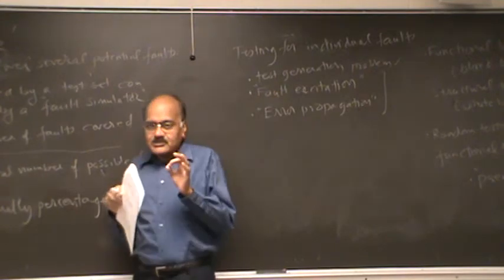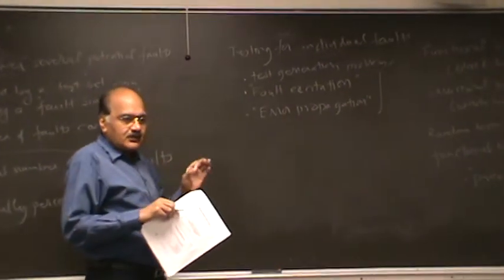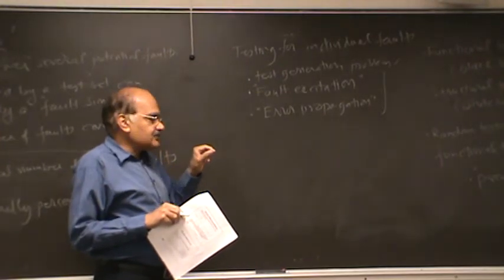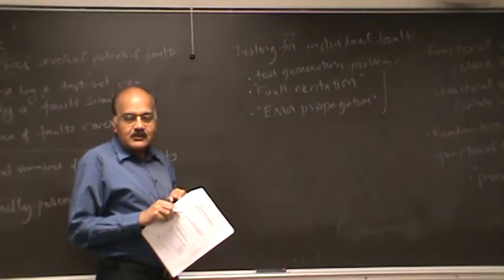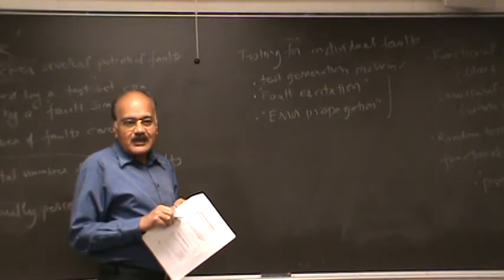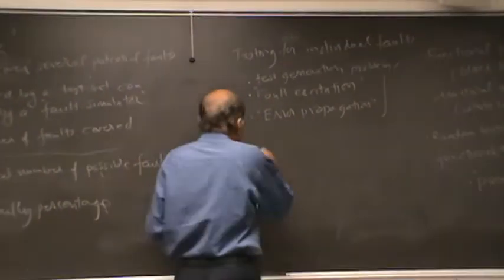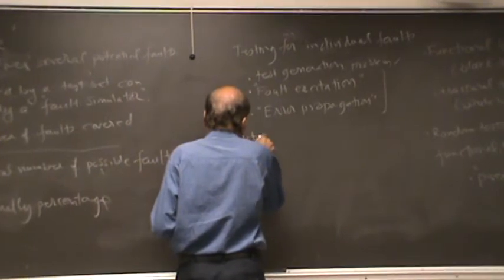So, once a fault has been excited, you will create an error, and in order to test for that fault, somehow you have to propagate the error to the output so that you can observe the error. And now let's look at some notation.